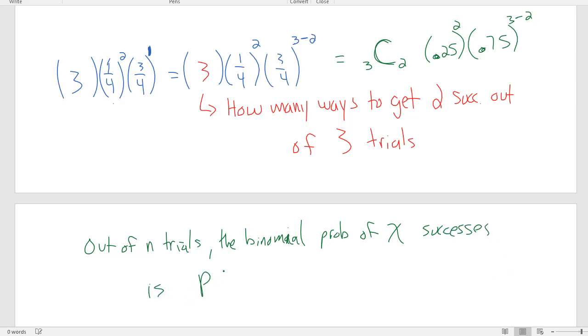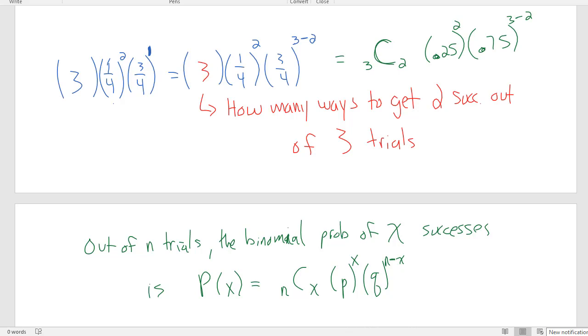So the probability of x successes is given by, if we have n trials, we're choosing x successes. That's going to be the probability of the success to the number of successes we want times the probability of failure to the number of failures that we have left over.